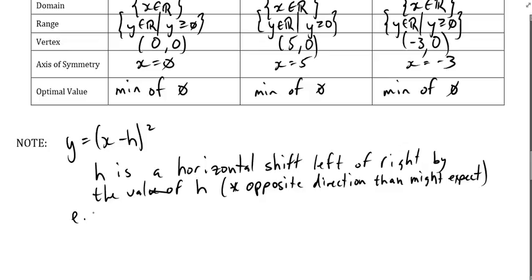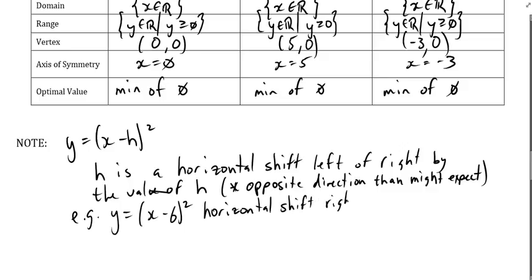So for example, y equals (x minus 6) squared is a horizontal shift to the right. It says minus 6, so you would think it goes to the left, but it doesn't. So it goes to the right 6.